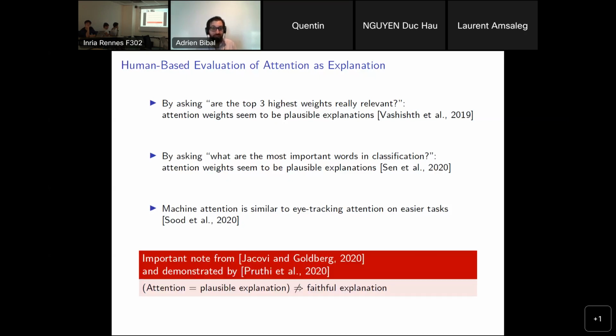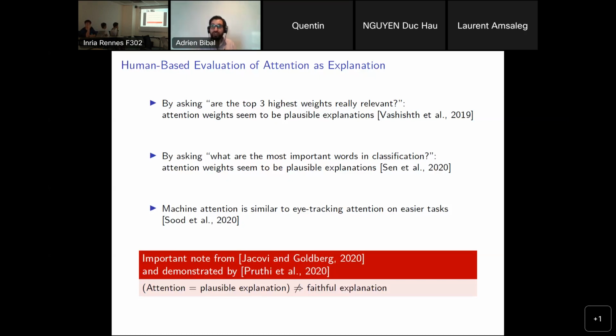The important note here is that the fact that attention can be a plausible explanation does not mean that it's a faithful explanation. And that's something that has been demonstrated, for instance, by Pruthi et al. in their paper, where they built a model to be biased, but the explanation does not show these biases from the model. But the explanation still is plausible for users.